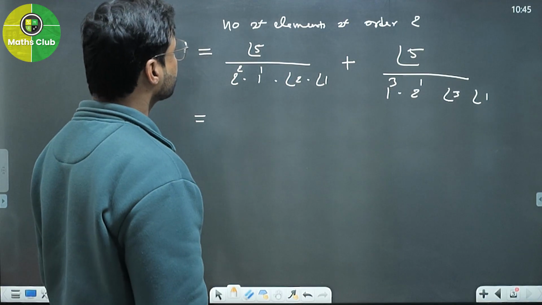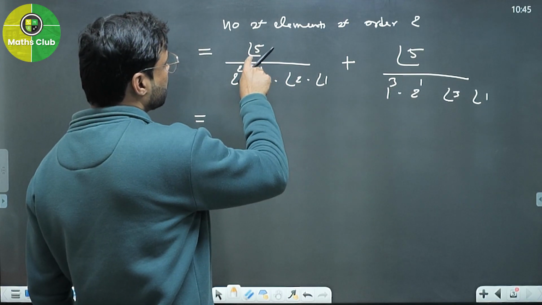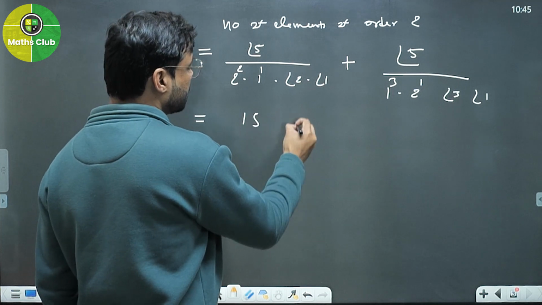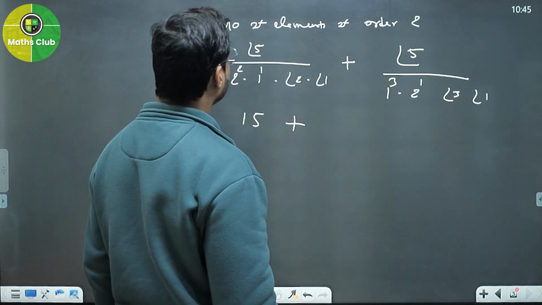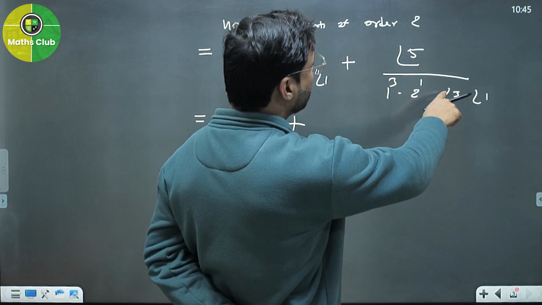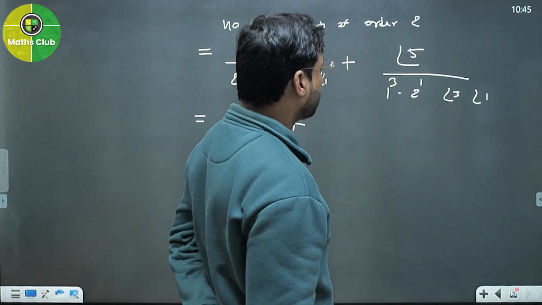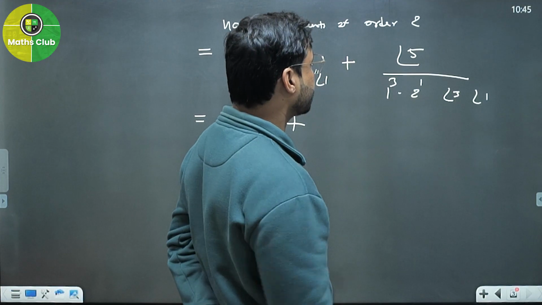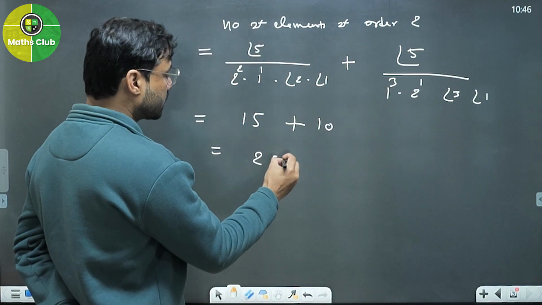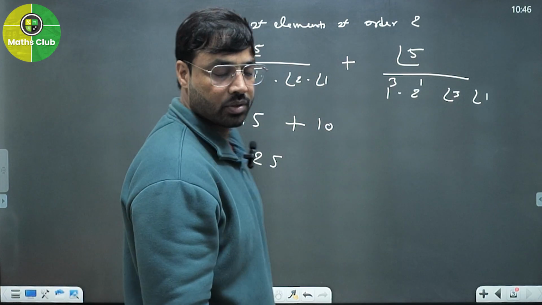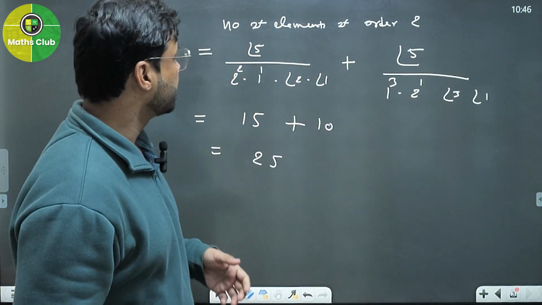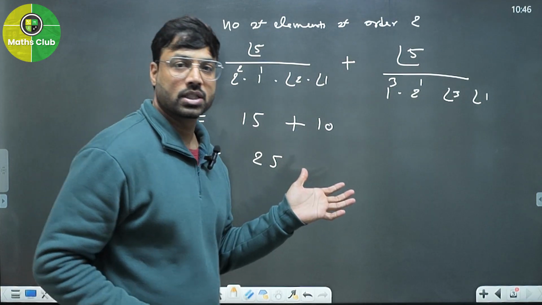That means 4 cancels, 5 and 3 means 15, plus here factorial 3 cancels out, and 5 times 4 means 20, divided by 2 means 10. The total is 25. So there are 25 elements of order 2 in S5.